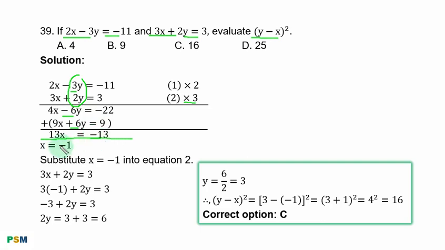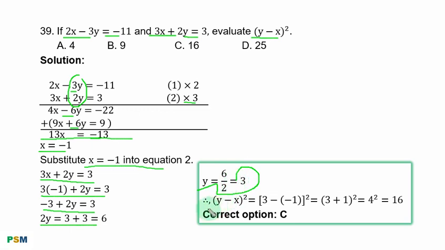Divide both sides by 13, s becomes minus 1. To get y, you replace s with minus 1 in any of the equations. I'm using equation 2. You replace s with minus 1. You multiply. You have this result. You collect like terms. You have this result. Divide both sides by 2 in order to get y, and y is equal to 3.